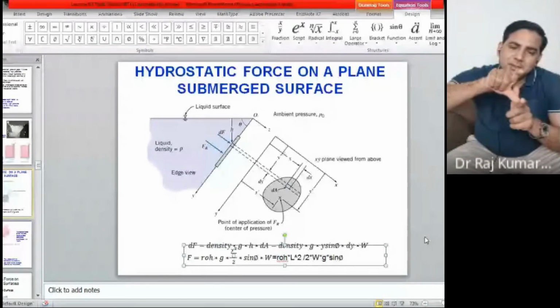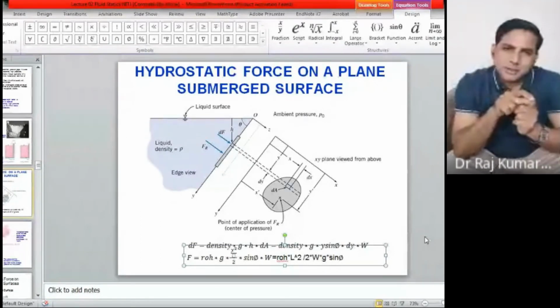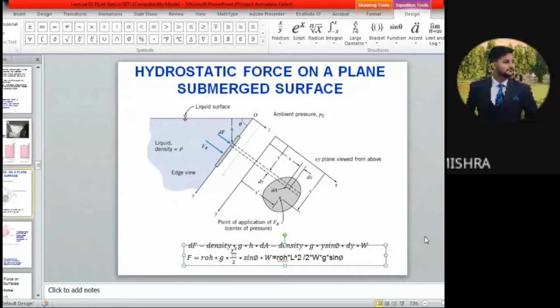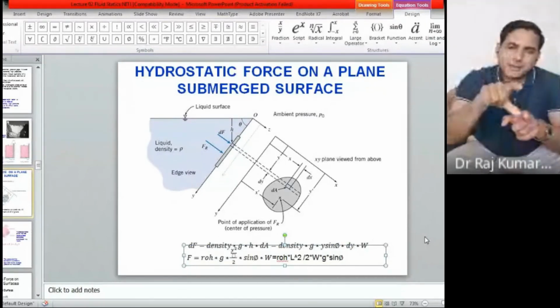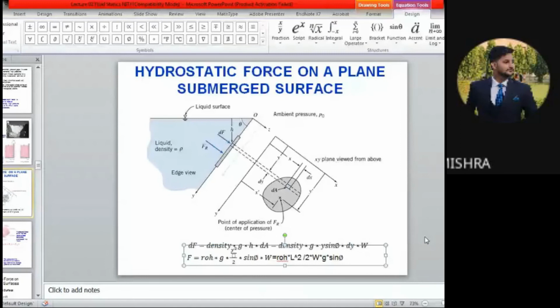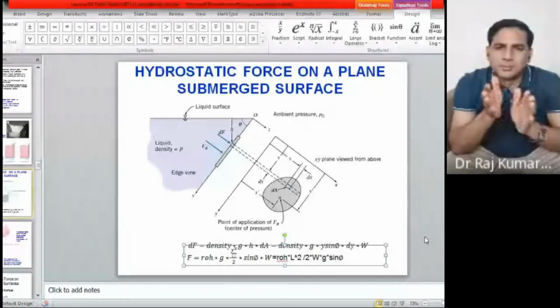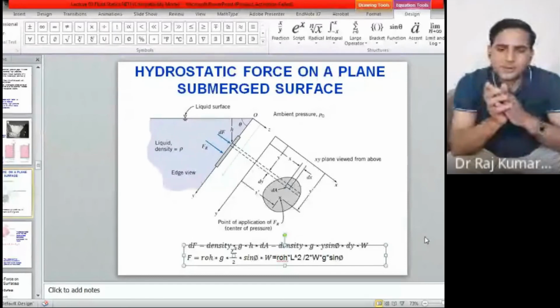Yes or no? Yes, sir. L sin theta is the vertical height, the vertical height of the fluid. So how much you have gone down into the fluid, that is L sin theta.